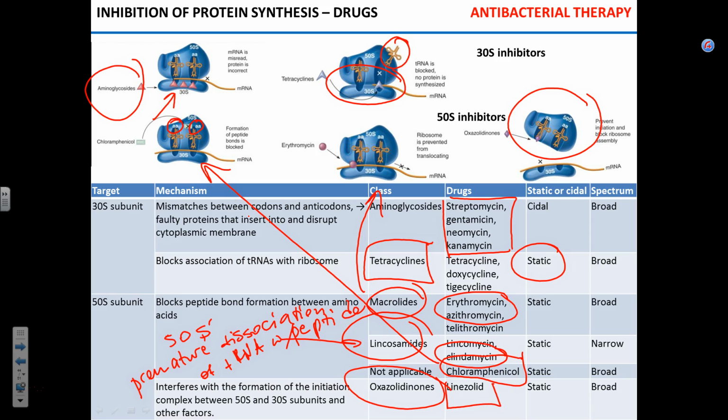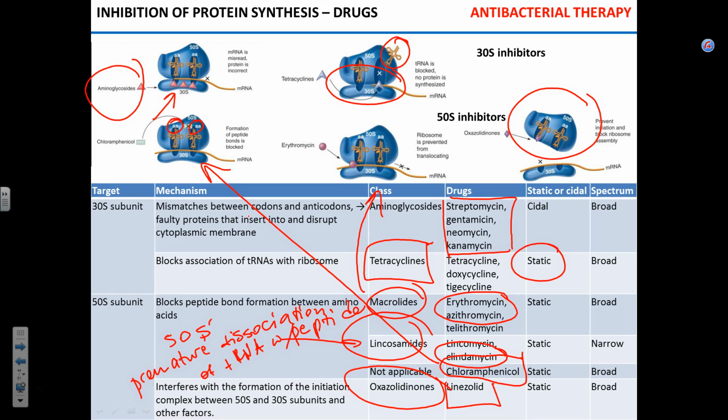Because doxycycline definitely belongs to tetracycline, you have to recognize major drugs. I will not ask about any drug that I haven't mentioned in the lecture. Does that make sense? Like I mentioned actinomycin, neomycin, and streptomycin on several occasions.